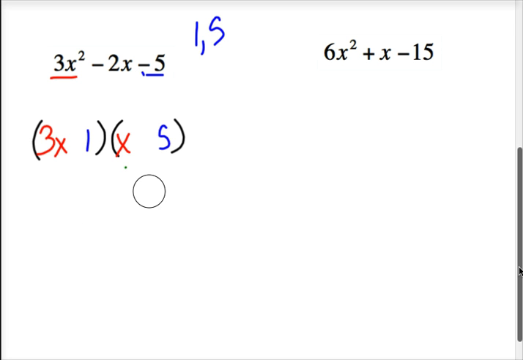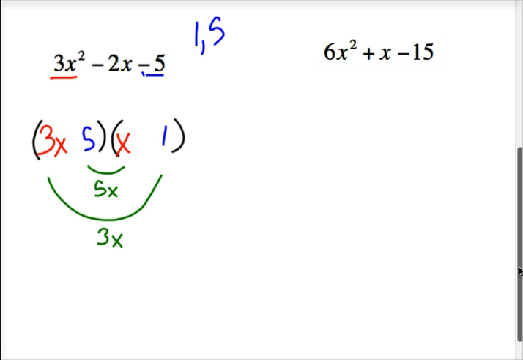So when you try it out and it's not the combination you're looking for, remember the first thing we do is we reverse the numbers. So I'm going to reverse the 1 and the 5. So I can try 5x there, 3x here. And now keeping in mind, if I make one of those negative, can I get a negative 2x?